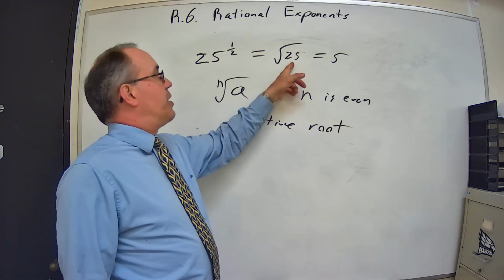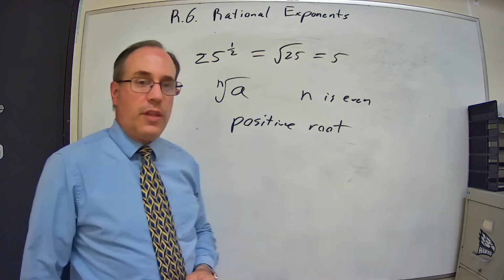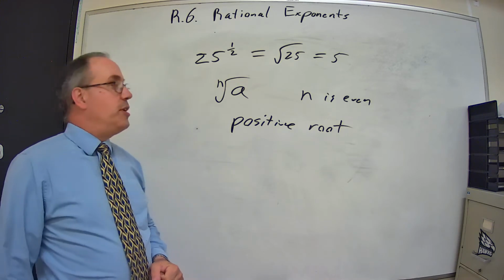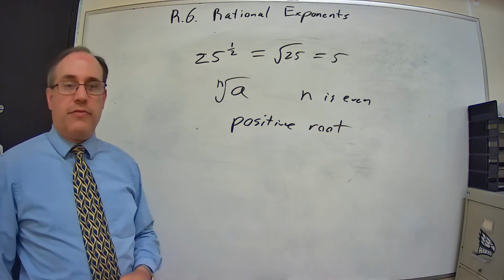So the square root of 25, n is equal to 2, n is even, then we accept it as being the positive root, so positive 5.